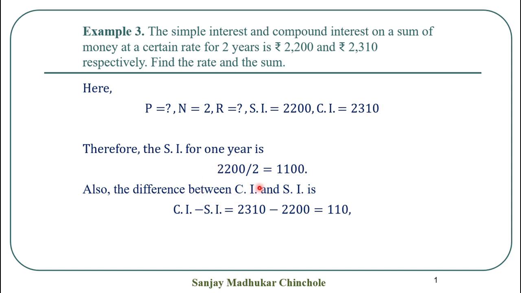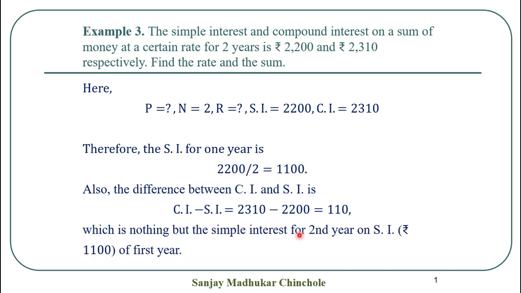So this increment is due to the interest on the simple interest of the first year, meaning this 110 rupees is obtained as simple interest on 1,100.